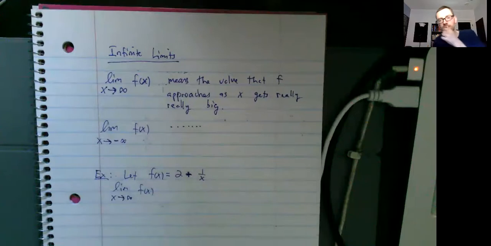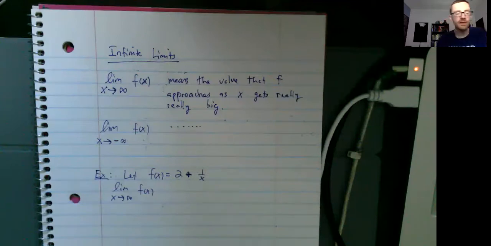I'd like to know what value this function approaches as x becomes really, really, really big. We're going to learn a fast way of doing this today, but since this is the very first example, and I want to make sure you understand conceptually what this limit is about, we're going to do it in a little bit more of a numerical way.